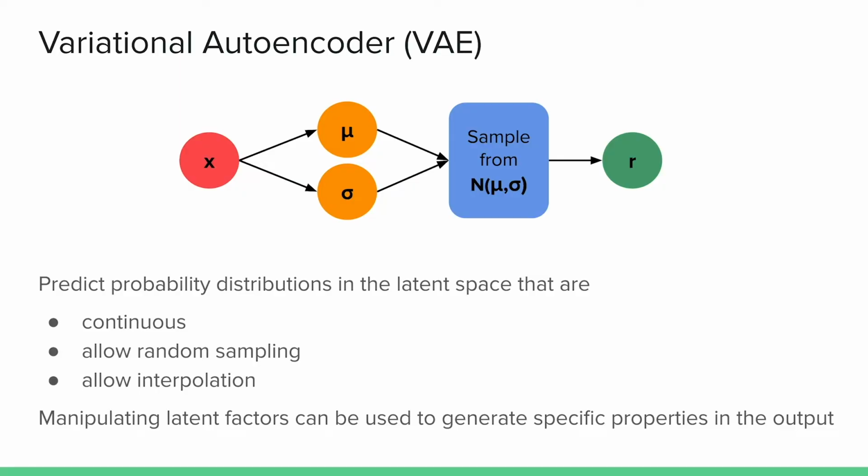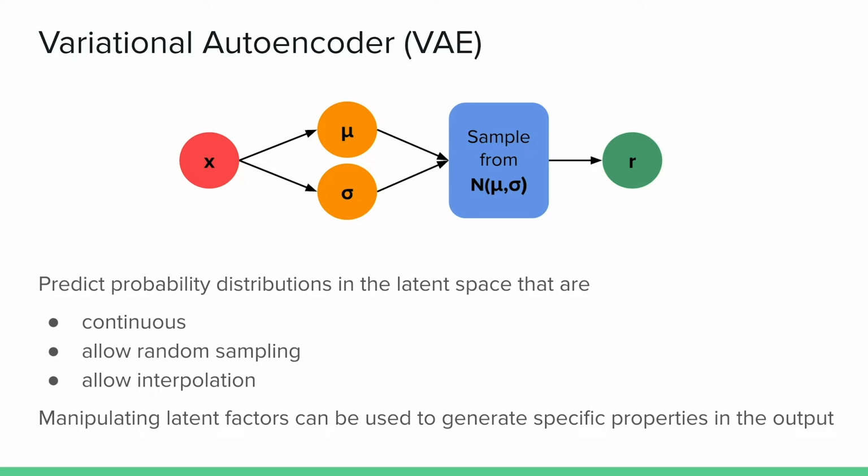So why would you want a variational autoencoder? One, because it gives us all of these nice properties that we want in our latent space: it's compact, it's continuous. It allows us to randomly sample from that latent space and to interpolate.